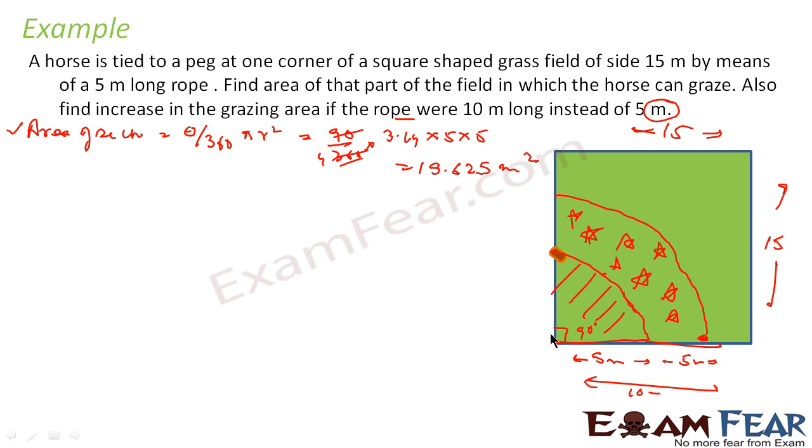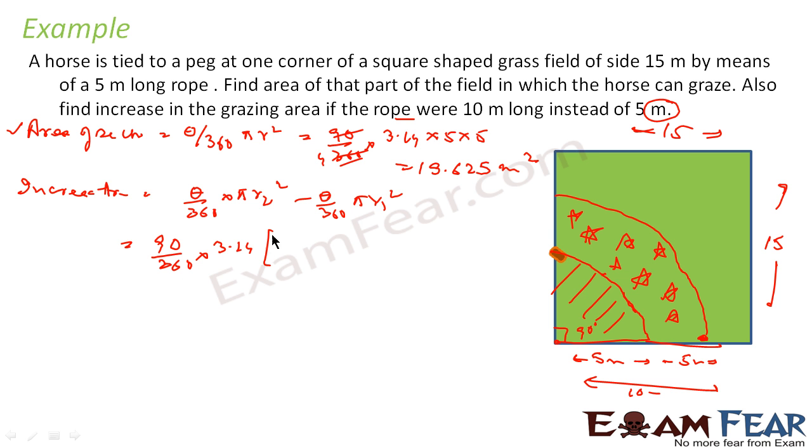Theta is still 90. So we'll say that the increase in area is theta by 360 into pi r2 square minus theta by 360 into pi r1 square. Theta by 360 pi is common, that is 90 by 360 into 3.14, common, into r2 square minus r1 square.